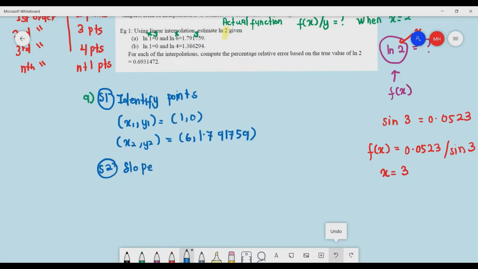Step number 2, find the slope. You need to find the slope and intercept. You know that this is a linear equation, so we can use the straight line equation y equals mx plus c. Before that you need to find the slope.